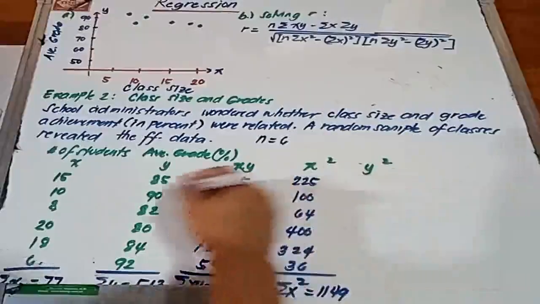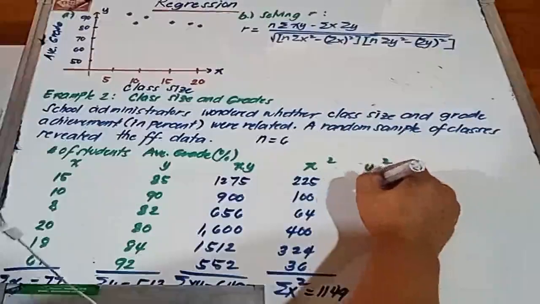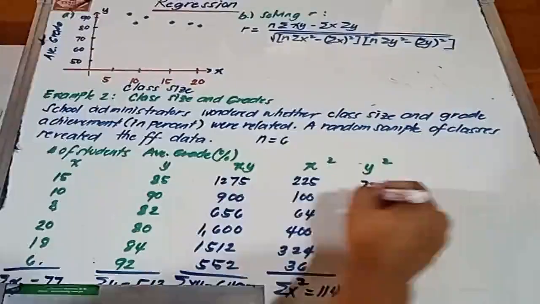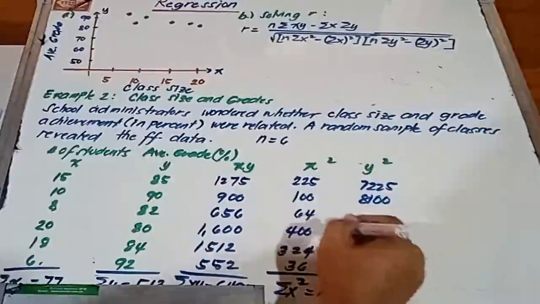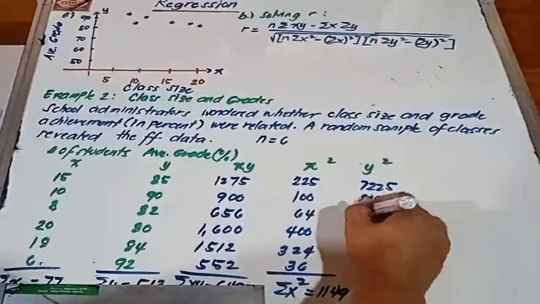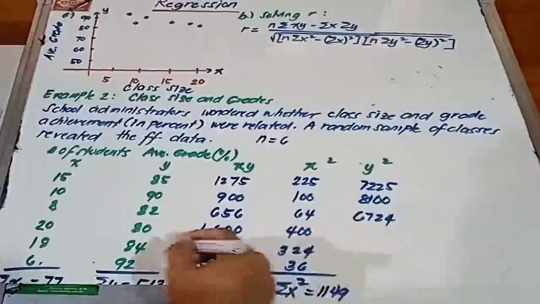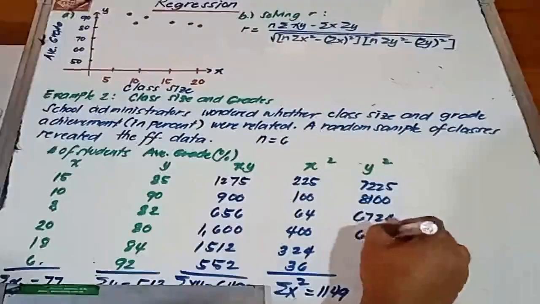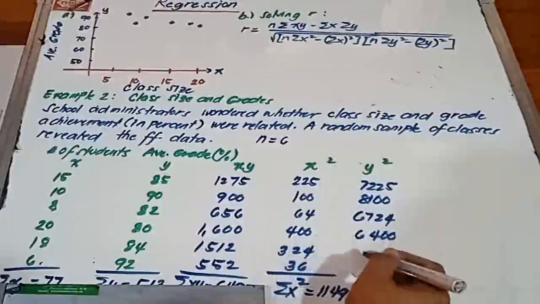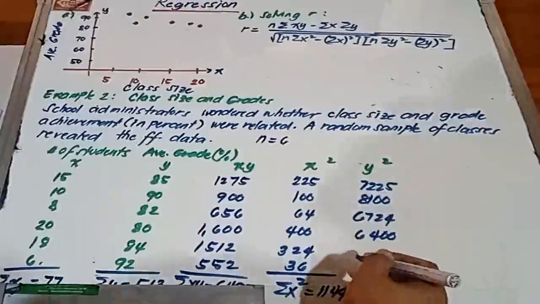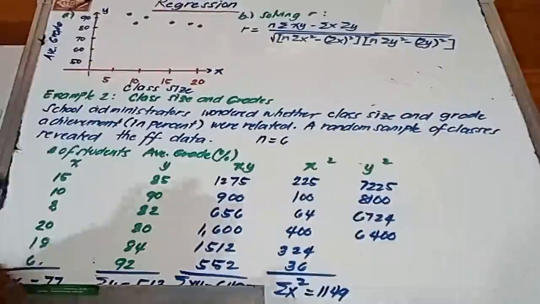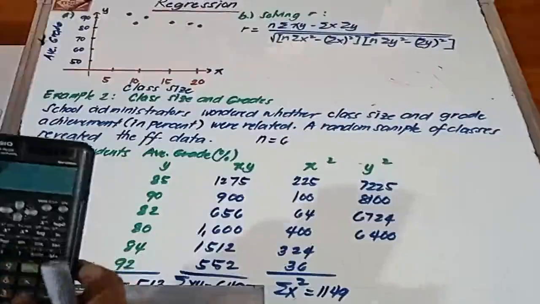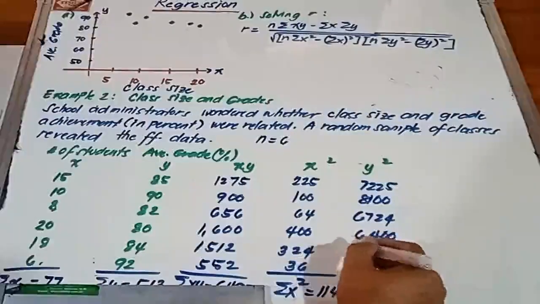Then summation of y squared, 85 squared is 7225. 90 squared is 8100. 82 squared is 6724. 80 squared is 6400. 84 squared is 7056.